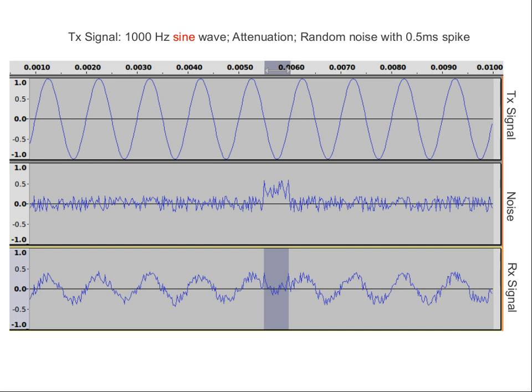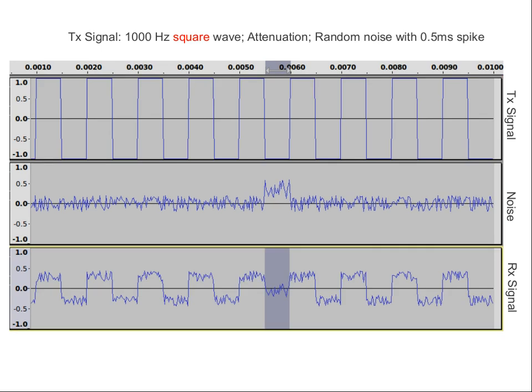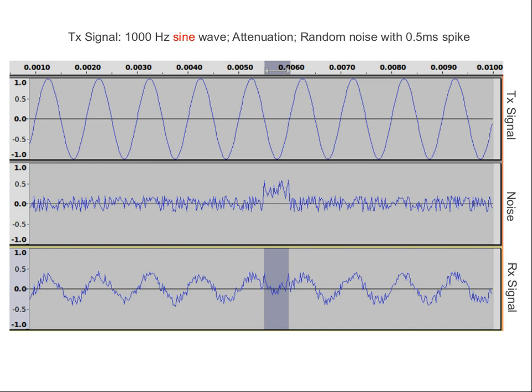The point we tried to make yesterday with this one and the second signal, the square wave, is that with the first sine wave signal, because of this spike or impulse of noise here, there's a chance that we get an error at the receiver.